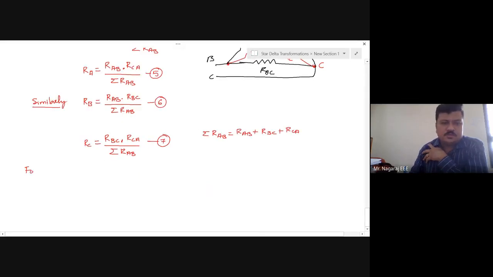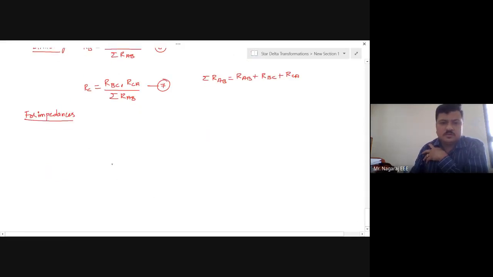For impedances, impedance can be anything. It can be an inductive impedance, a capacitive impedance, or a resistive impedance.